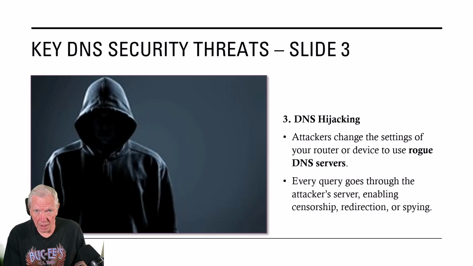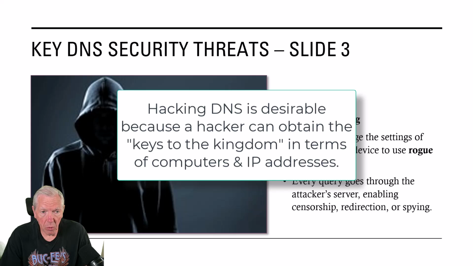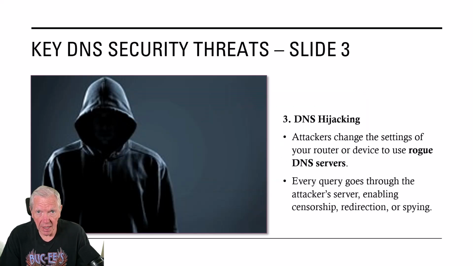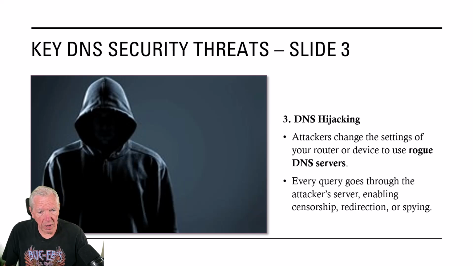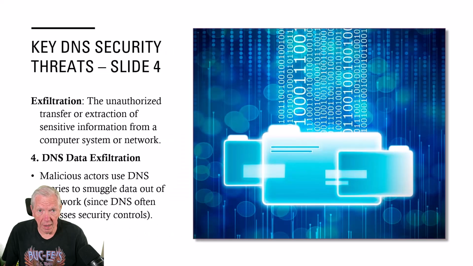That will work until the security administrators find you, but it's not going to work to do DNS resolution in the Active Directory space. So it's something you need to think about. Hackers love this information. This is really, really a sweet spot for hackers, this whole idea about intercepting DNS. Every query goes through the attacker's server. It enables censorship, redirection, and or spying.